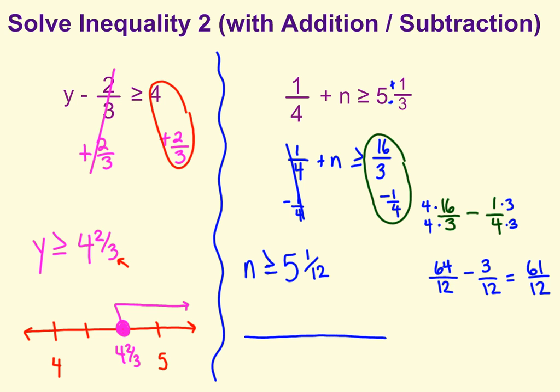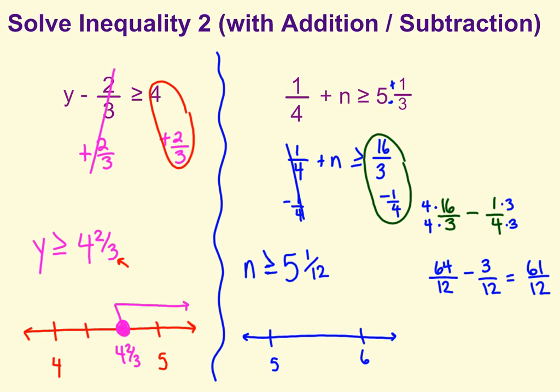Alright, 5 and 1/12 will be between a 5 and a 6, and then you want to go 1/12 of the way. Well, from here, it might be helpful just to grab your calculator and say, what is 1 divided by 12? 1/12 is going to be closer to the 5.